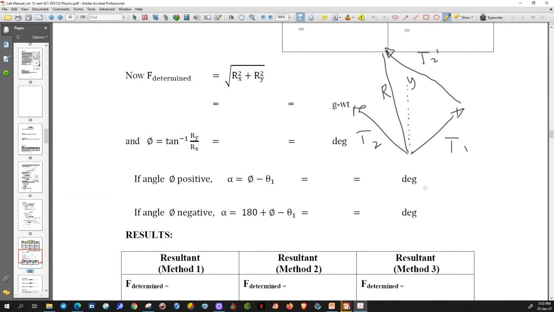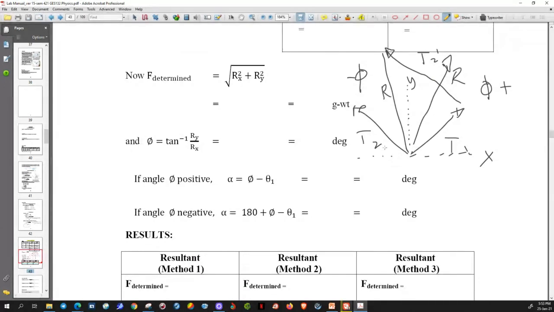That's the y-axis, and this is the x-axis. If your R is on the left side of the y-axis, which quadrant is this, Shabab? Can you tell me which quadrant? 1 or 2? Yes, this is quadrant 2, so your phi is negative. But if your R is on the right side, your phi is positive. Clear? That's the idea about phi, okay?